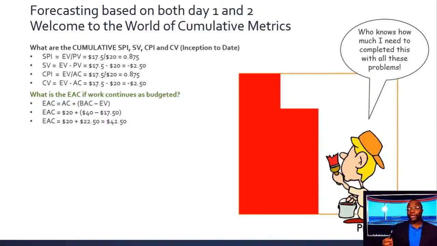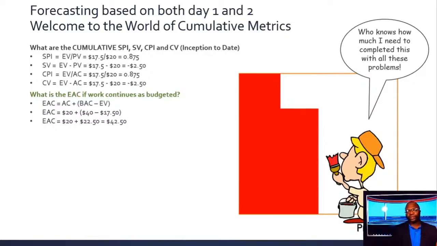That means if work continues as budgeted, even though we've had a small problem on day 2, we're going to spend $2.50 for this little area here, $10 here, $10 here. Add that to the actual cost of 20. Makes sense.